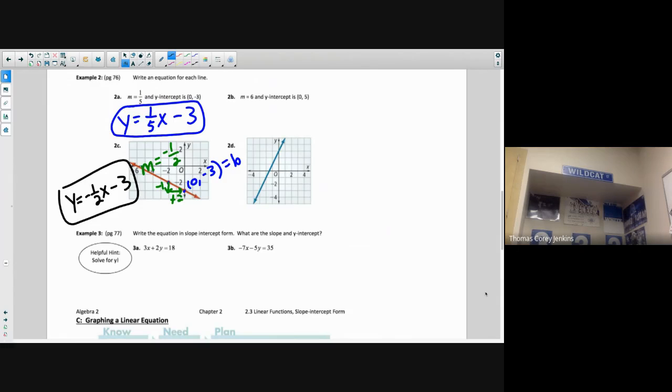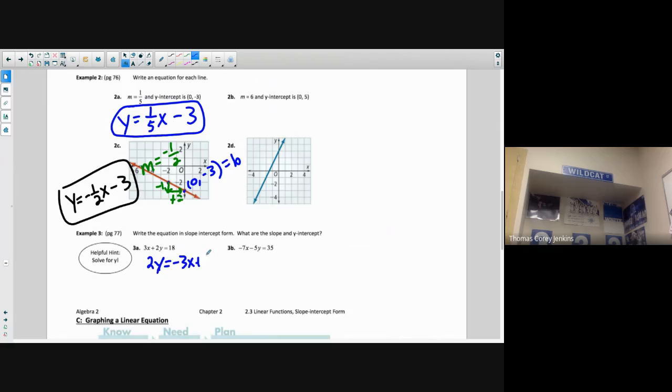Example 3 wants us to write the equation in slope-intercept form and then identify what the slope and the y-intercept are. So it says helpful hint, we must solve for y. We covered that a little bit on the last lesson, but so solve for y. First thing we would want to do on 3a is move 3x over there. So if I subtract 3x from both sides, that's going to leave me with 2y equals -3x.